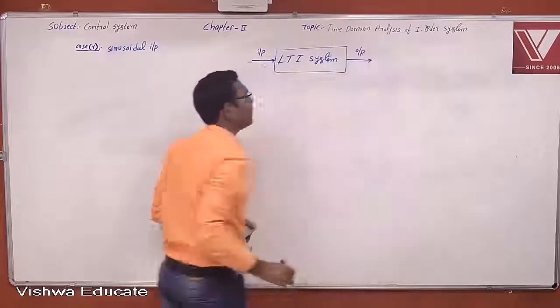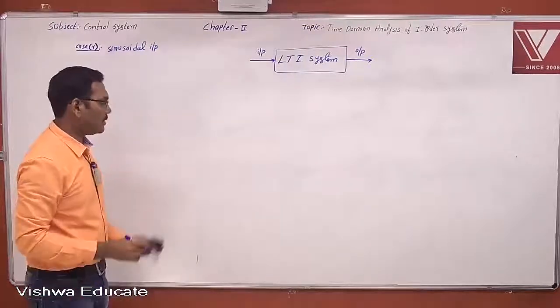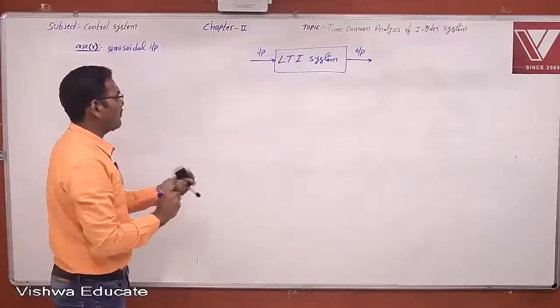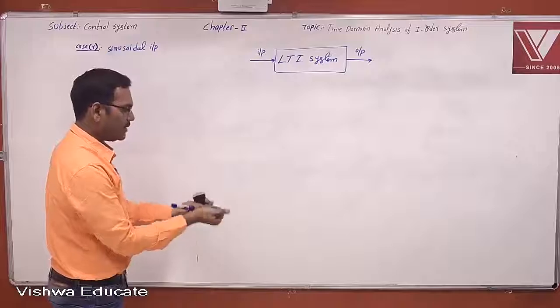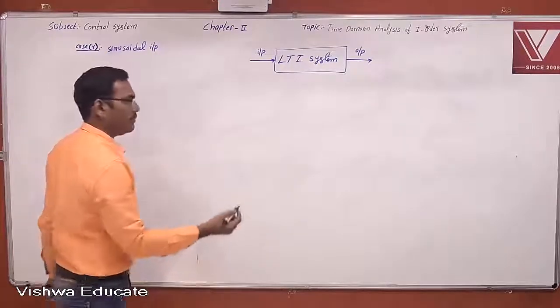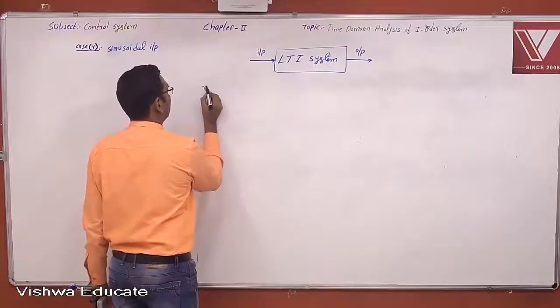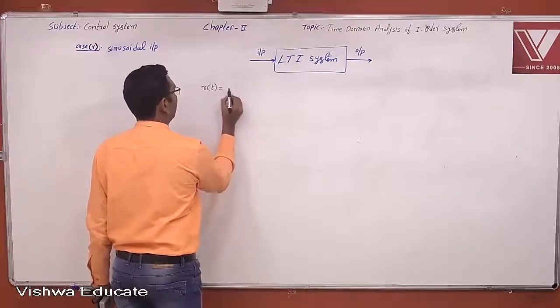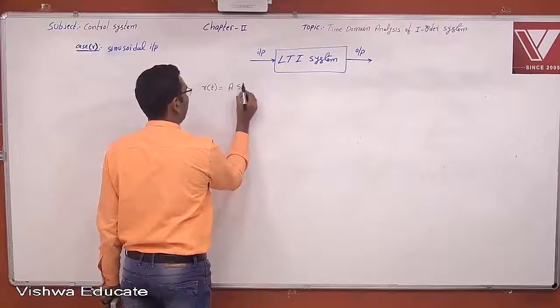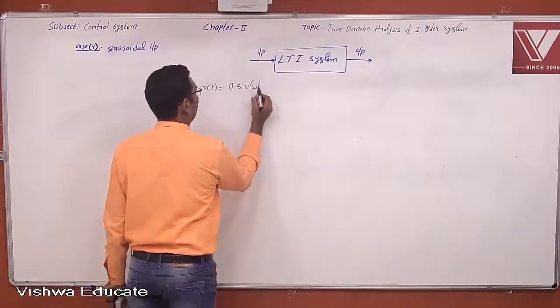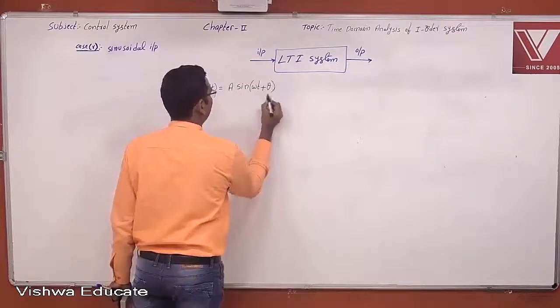For that particular control system, I am giving the input R of t as a sinusoidal input. Let us assume magnitude is A, frequency is omega, and phase is some theta.